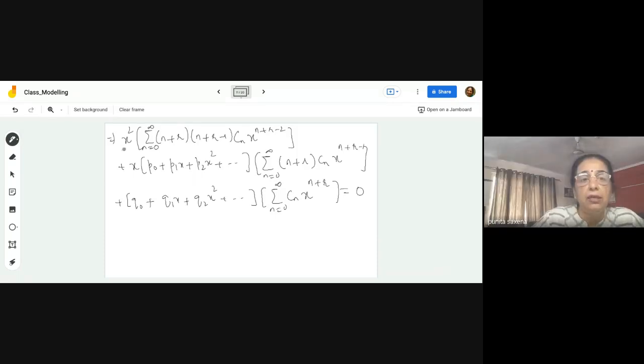Now I can combine this x square with this term, combine this x with this term. That means I have summation n plus r into n plus r minus 1, cn x to the power n plus r, n 0 to infinity.